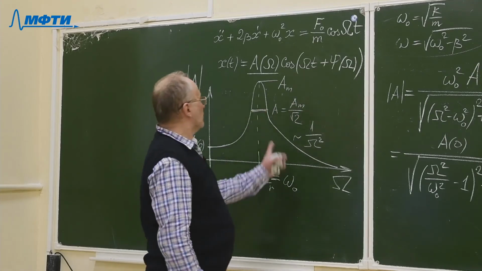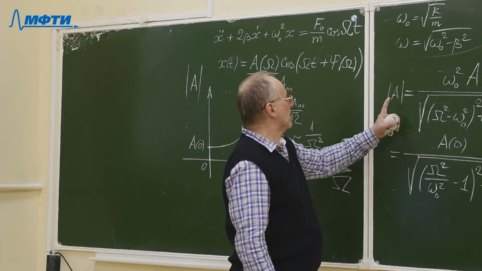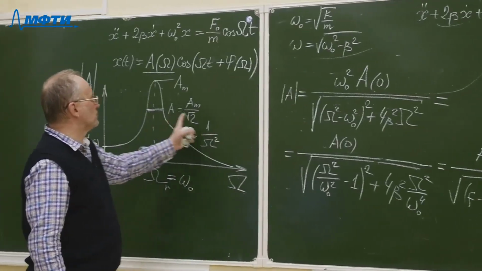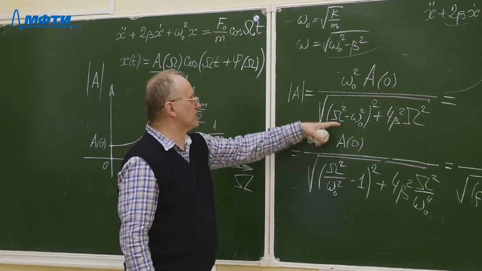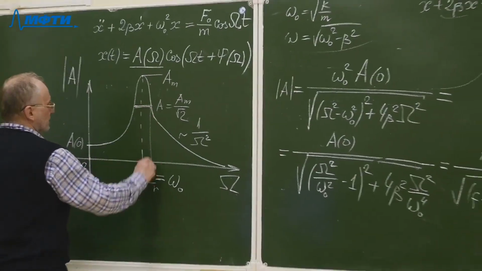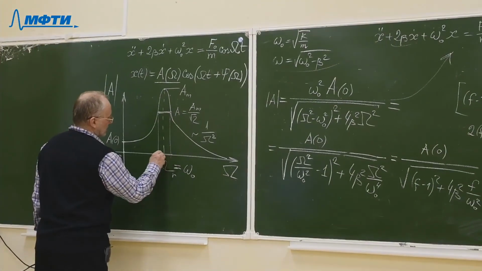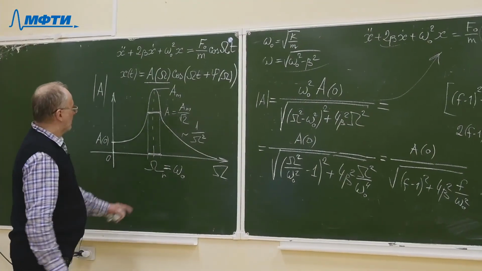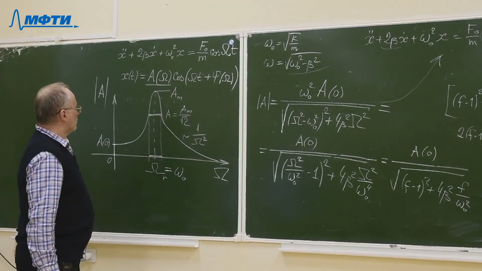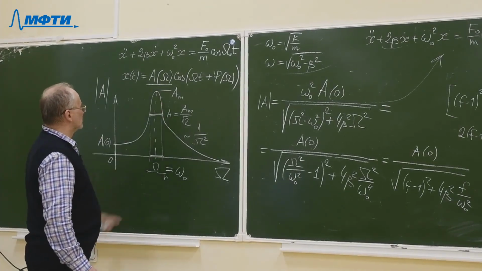Then, if you use this formula and take into account that this amplitude is square root of 2 smaller than this one, you can easily find the frequency range or the width of this resonance curve.